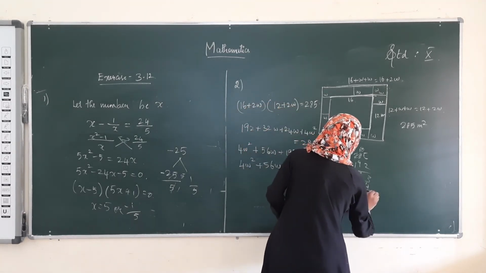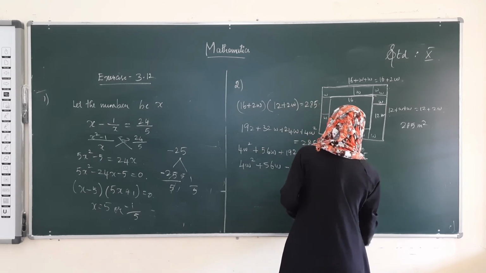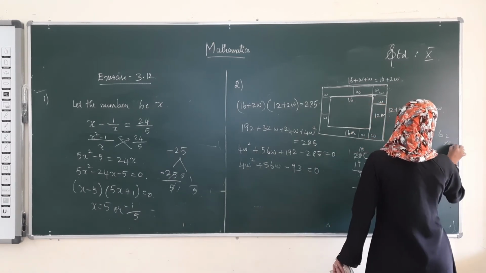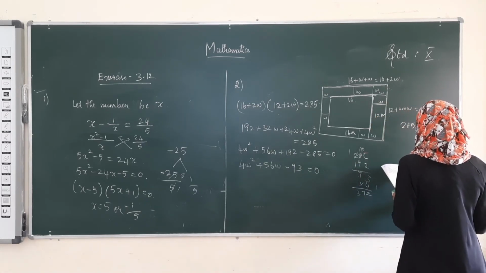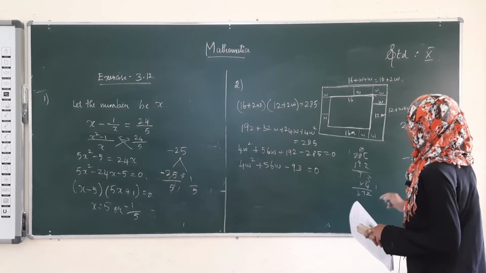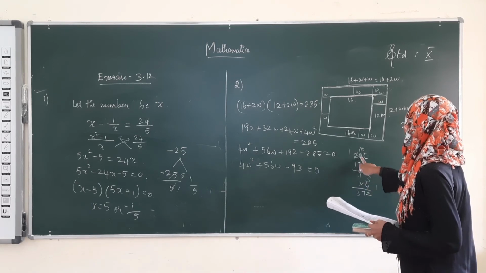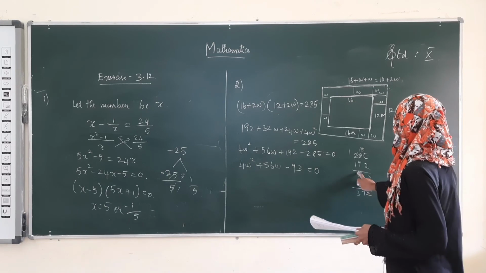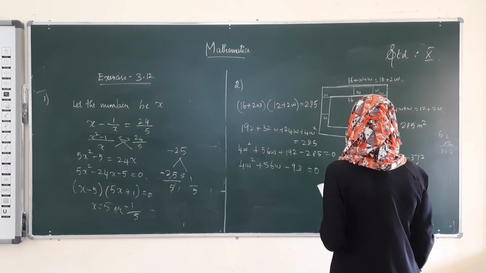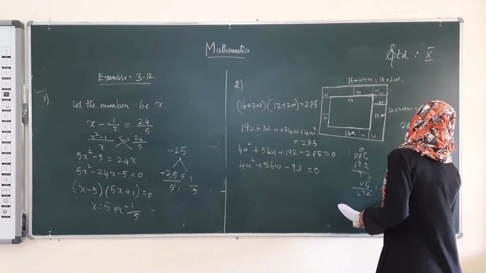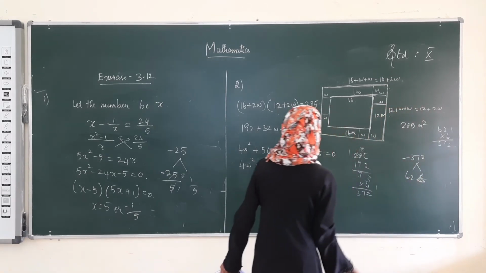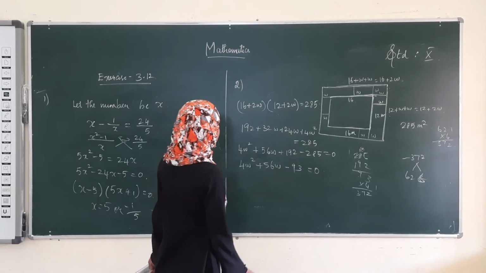What is 93 into 4? 372. Minus 372 can be written as 62 into minus 6. 62 into 6, 6 twos are 12, balance 1, 6 sixes are 36, 372, right? 62 into 6 we get 372, but we should get minus 372.